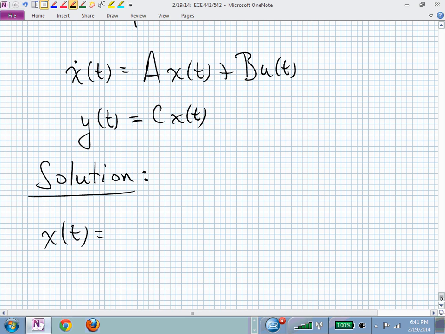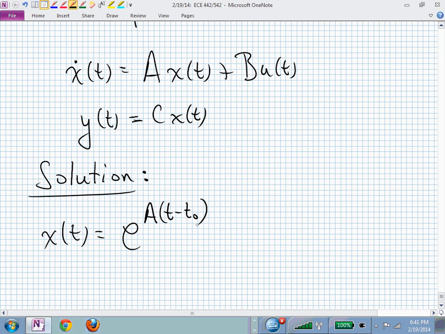X of t, and now I'm just going to assume that we will find the solution from some other time t0. So I'm going to assume that you know the state at that time t sub 0, and you know the input u of t from t0 on. Then to find x of t, it is e to the A (t minus t sub 0).